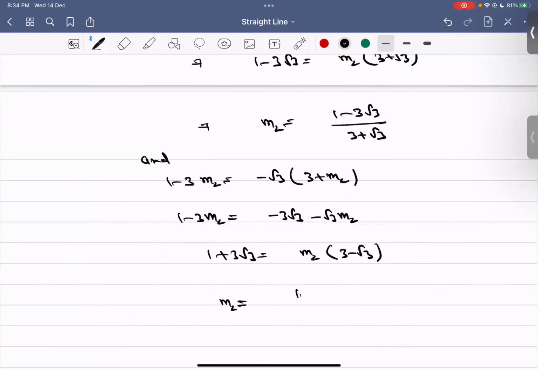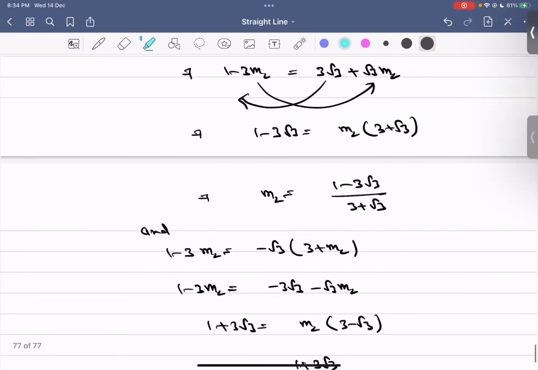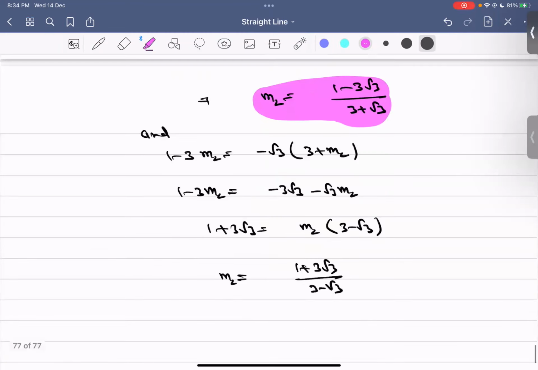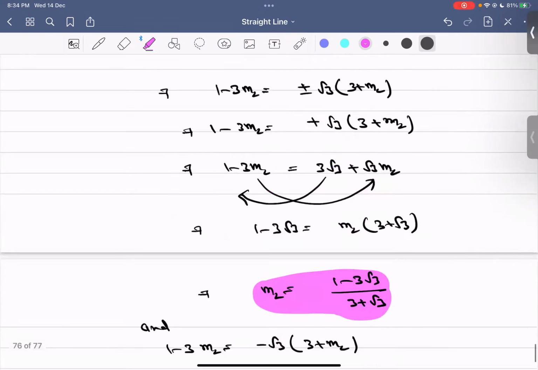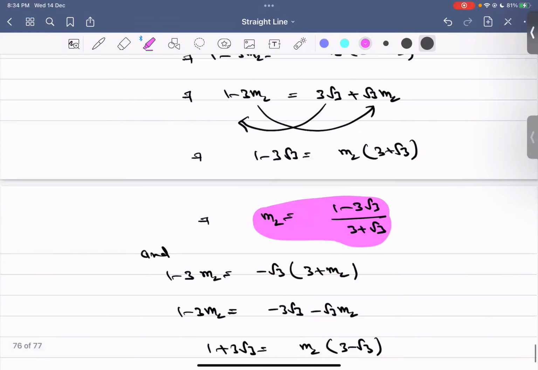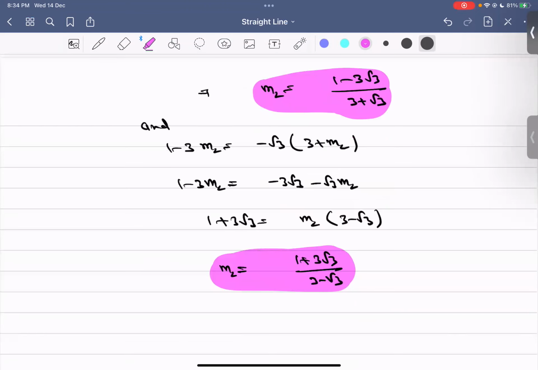Therefore m2 is equal to 1 plus 3 root 3 by 3 minus root 3. These are the slopes of the other line. This one and this one. So these are the possible slopes of the required line.